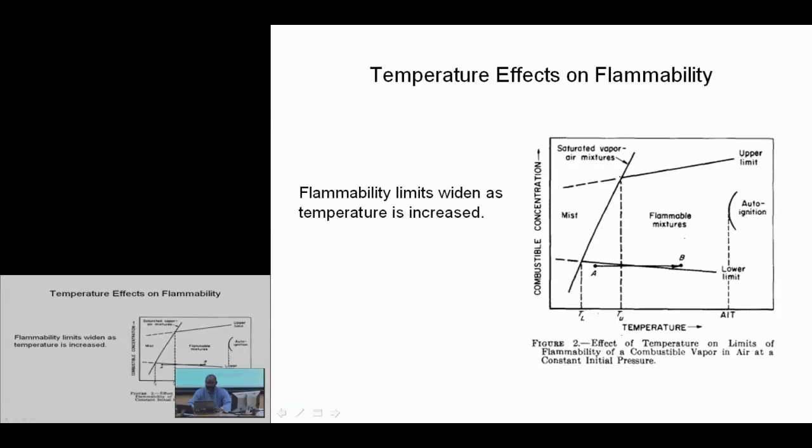There are temperature effects on flammability. As we go to higher temperature, the lower flammability limit decreases, and there are some weird things that happen with the upper flammability limit.